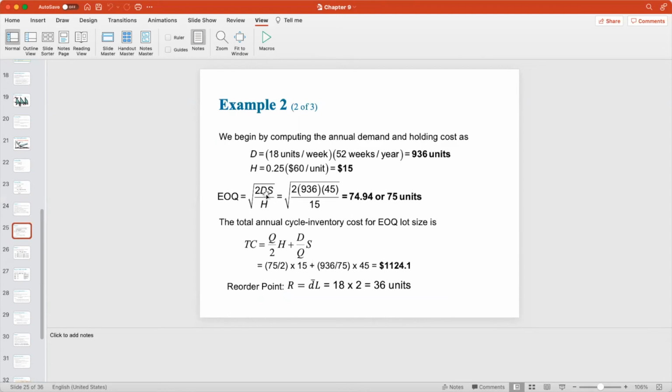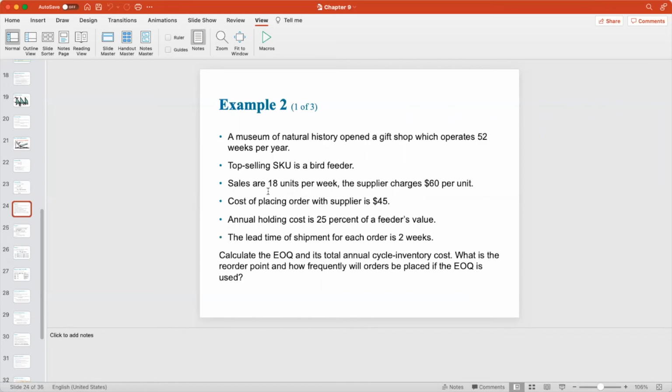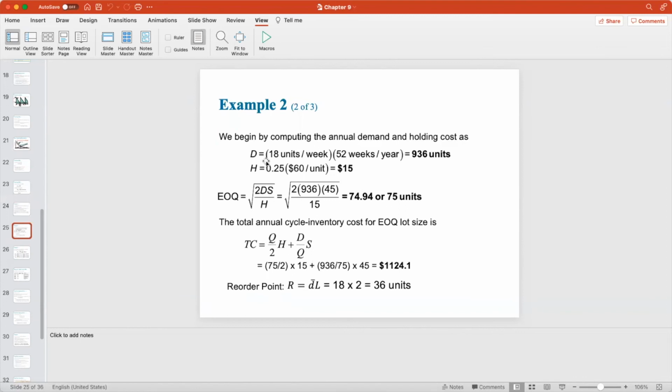We know D represents annual market demand realization. From the information context, we know that sales are 18 units per week, and normally every year we have 52 weeks. So the annual market demand is 18 times 52. That will give you 936 units per year.